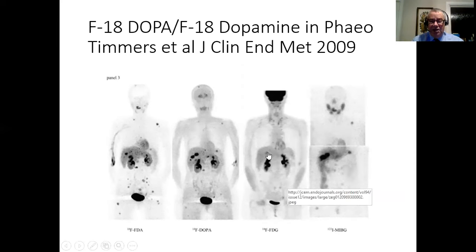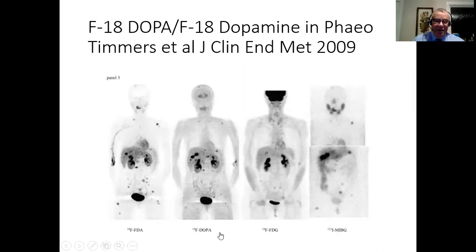There's an FDG PET that shows some malignant nodes and malignant uptake in the liver. Then this is a DOPA PET, and this shows uptake in the liver and in the shoulder, but it doesn't show the uptake in the nodes in the neck.